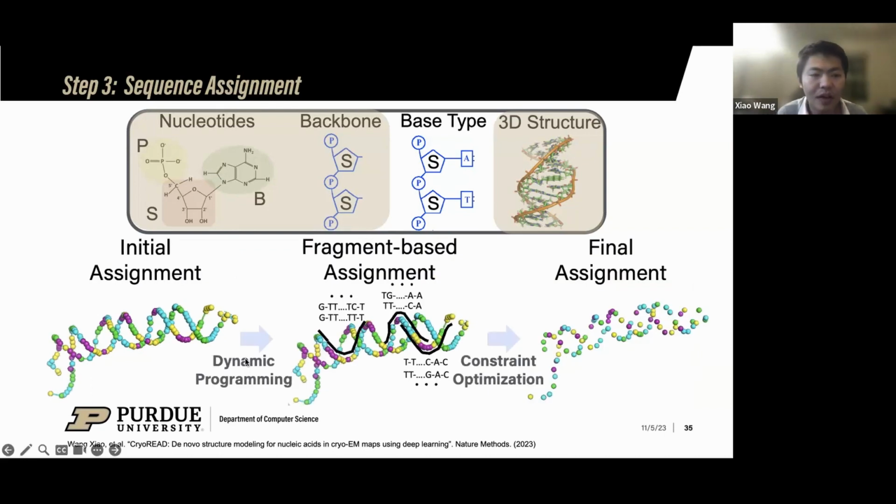That's to say, with the initial assignment taken from the base types, I use dynamic programming to get a lot of assignments for each fragment region. And with that, for each fragment region, I further do the constraint optimization to optimize the overall reward to get the final assignment.